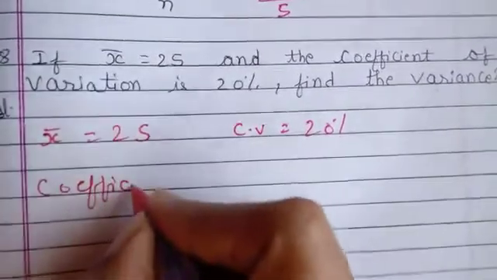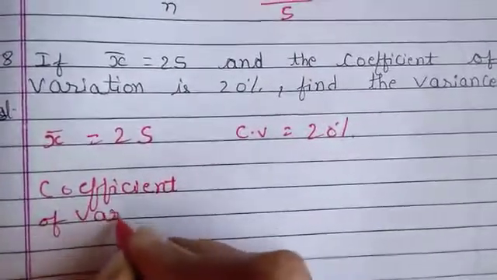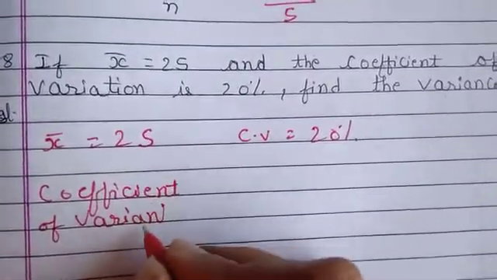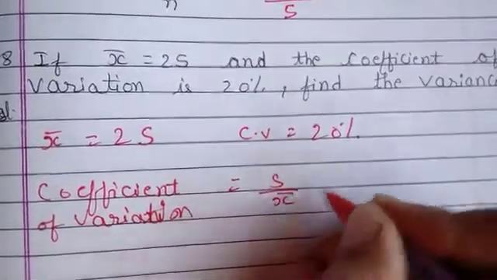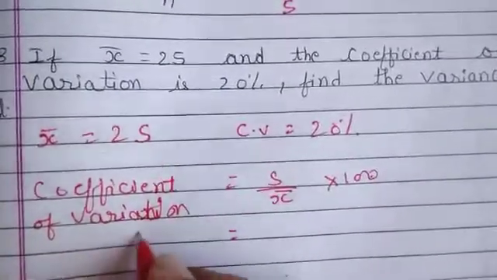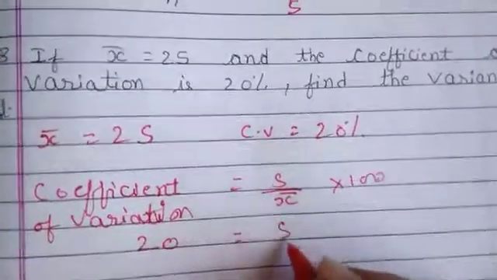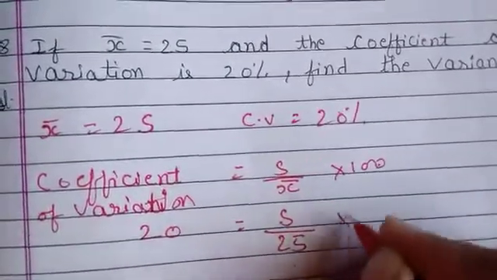It is s upon x bar into 100. So coefficient of variation is equal to s upon x bar into 100. Coefficient of variation is 20, s we have to find and x bar is 25.